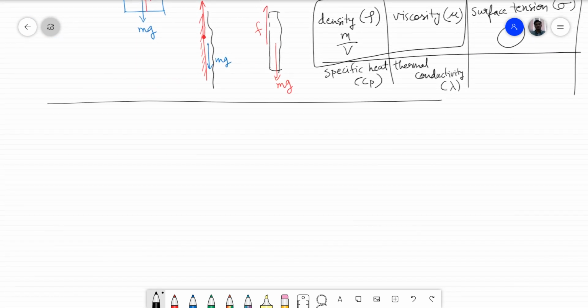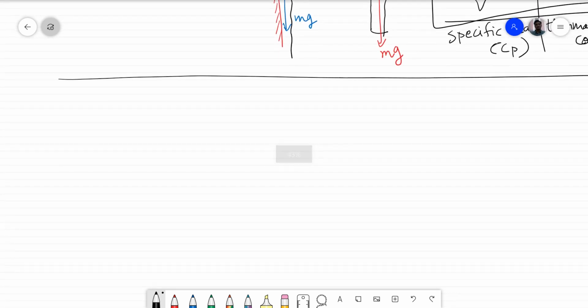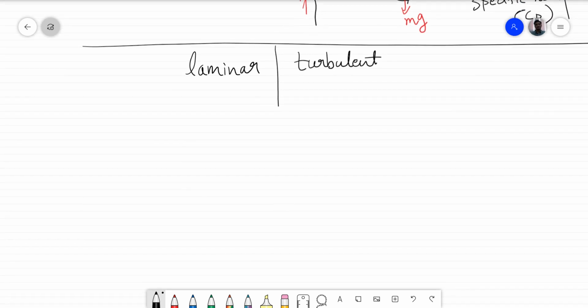Now coming to flows of fluids, they can be classified in several ways. The fluid flow can be laminar or turbulent. There is something called Reynolds number, which can be used to demarcate the boundary between laminar and turbulent flow.